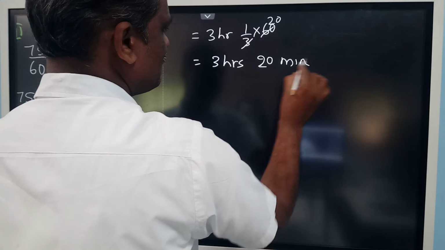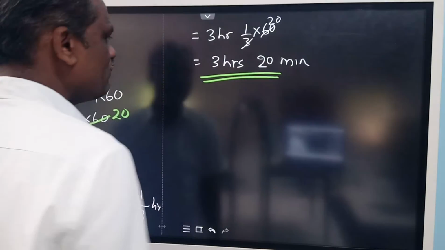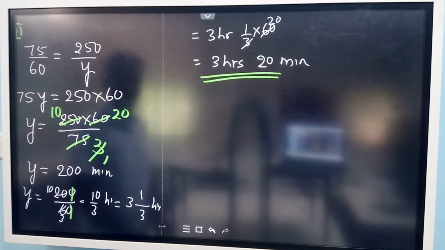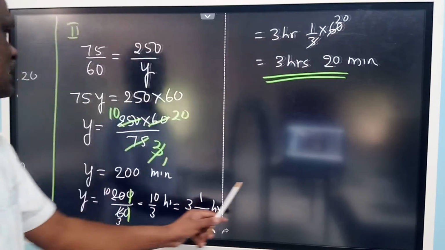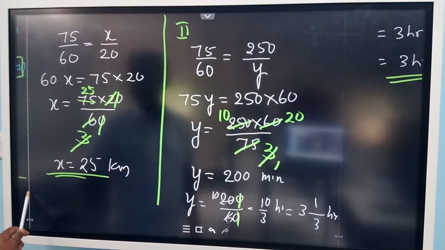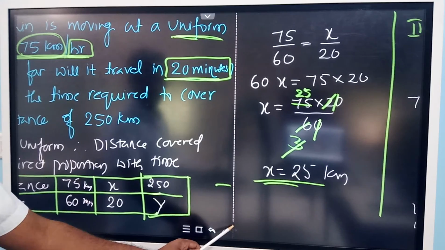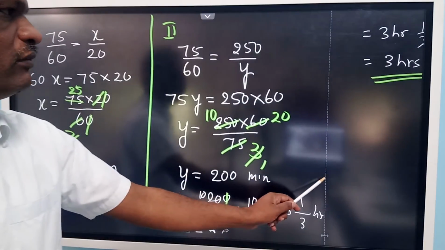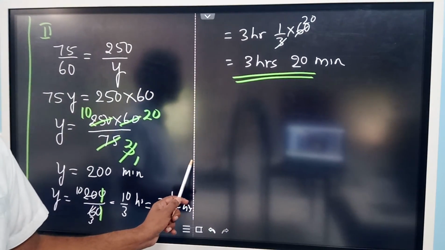So it is the same as 3 hours 20 minutes. Time taken is 3 hours 20 minutes. So to cover the distance of 250 kilometers, it takes 3 hours 20 minutes. That is the time taken.